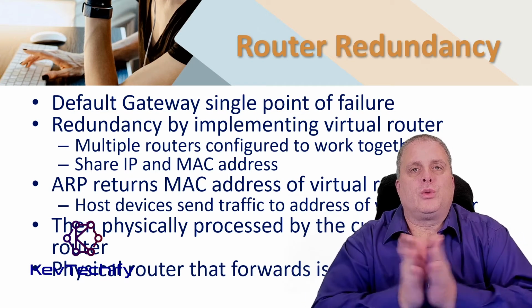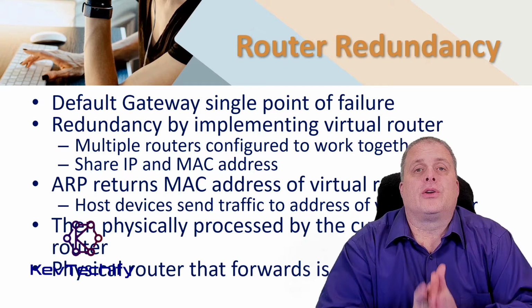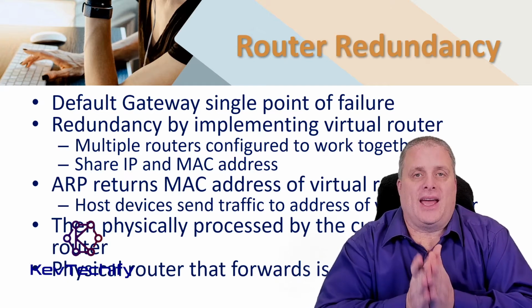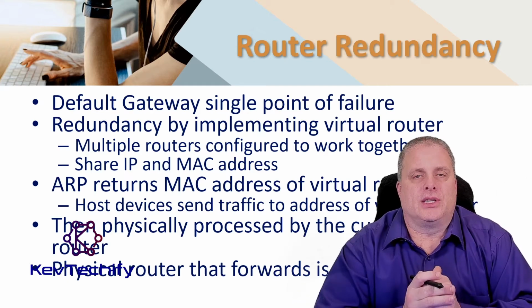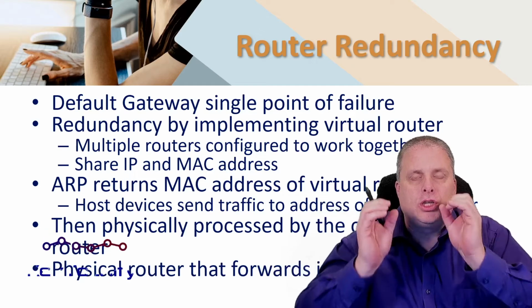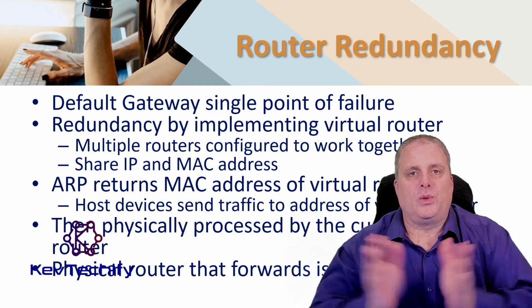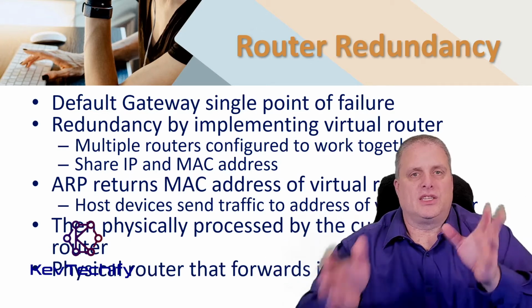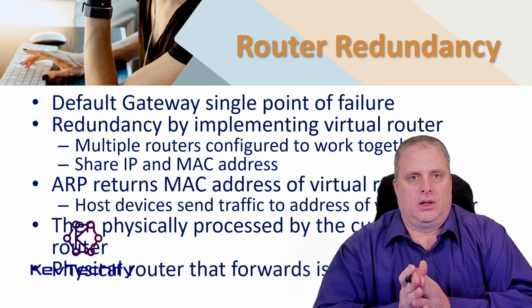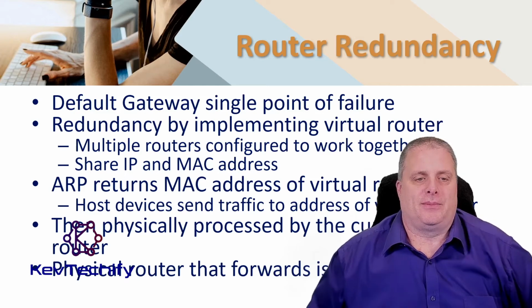And that virtual router has its own IP address, has its own MAC address. What really happens is those physical routers all share that same IP address, that same MAC address. They share it between them.